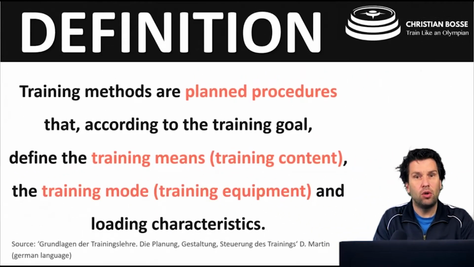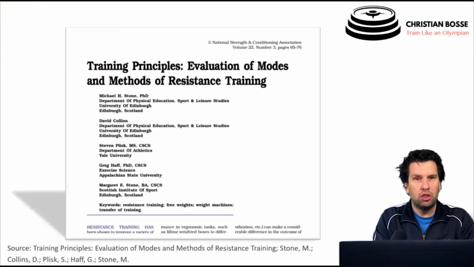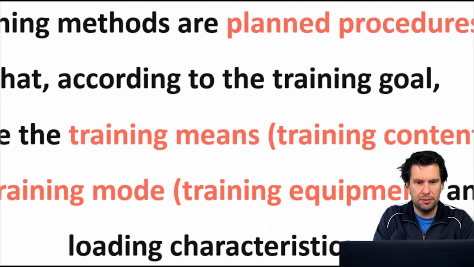And then they talk about training mode, which is basically the training equipment. There's not much of a definition needed because it's the training equipment, but I invite you to read this paper from Stone, Sands, and Stone, which goes into detail on different training modes in relation to resistance training.